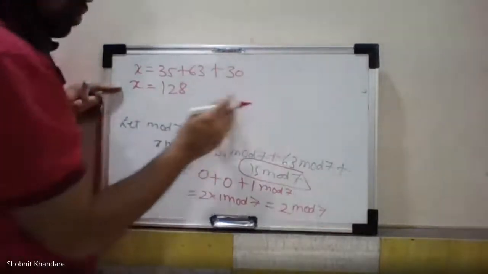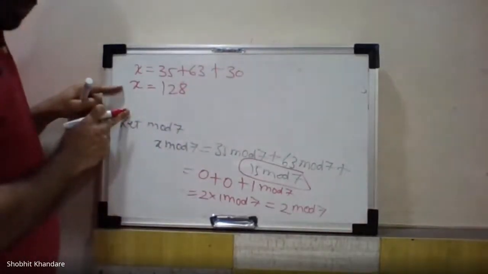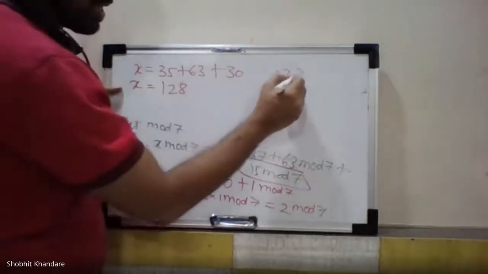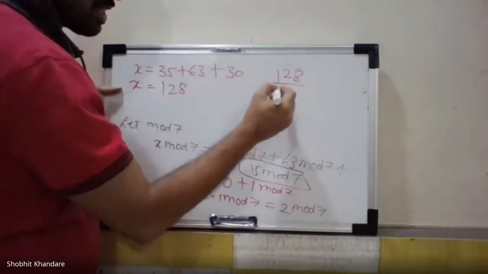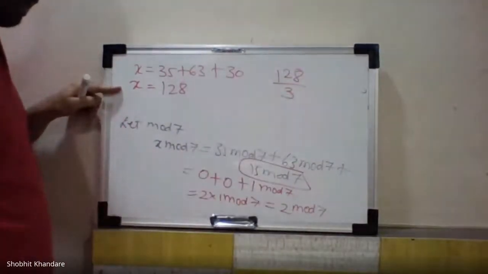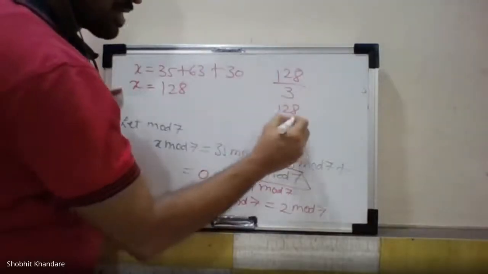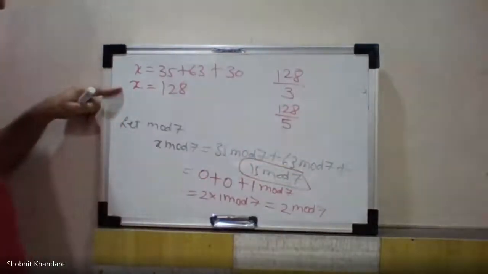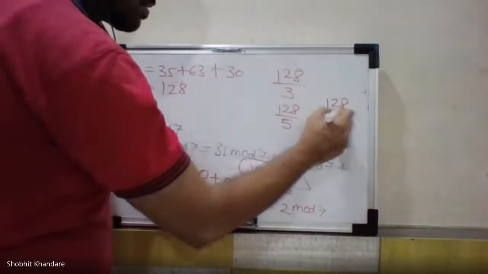So 2 mod of 3 means 128 divided by 3, tell me the remainder. 2. Yes. Tell me 128 divided by 5. 3. Yes. Tell me 128 divided by 7.